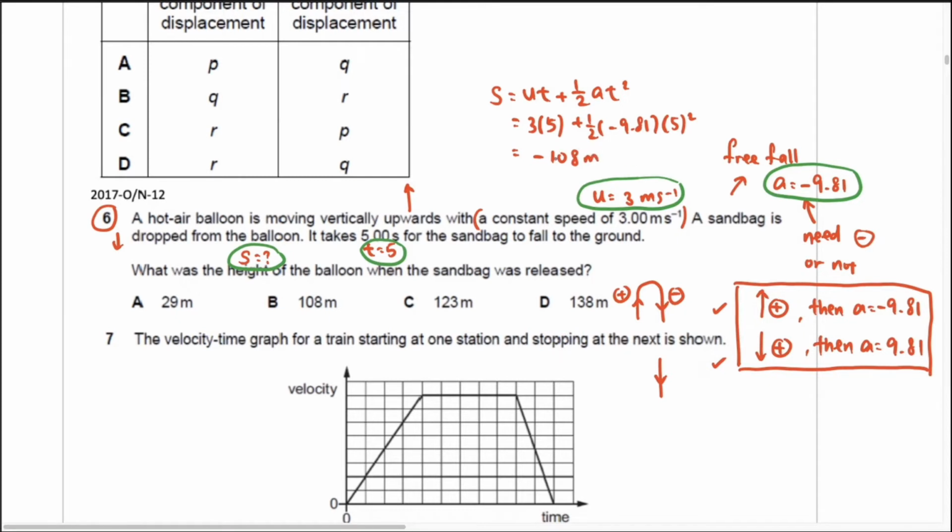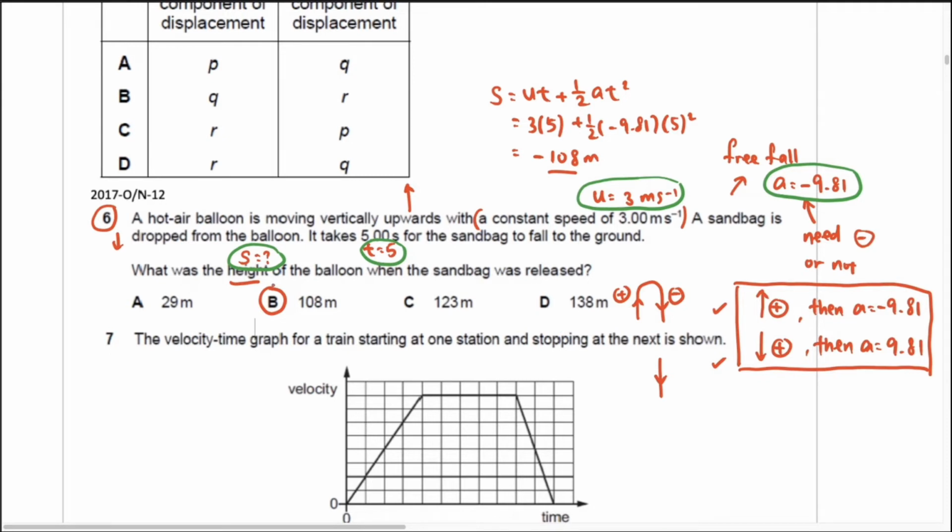Of course, this is reasonable because we set upwards to be positive. So the sandbag is going down by 108 meters. But they ask for the height, they are not asking for displacement. Displacement is negative 108, but the height is 108. So, B.